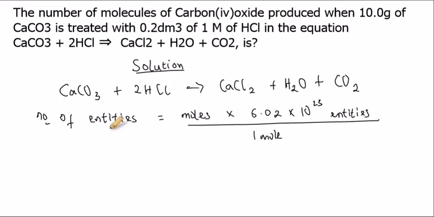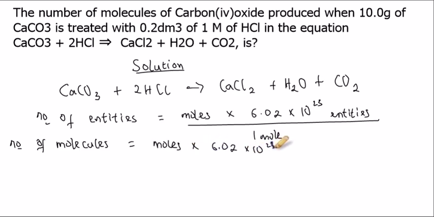Regardless of the entities, we multiply the number of moles of the substance in question by Avogadro's constant. Here we are dealing with molecules, so we replace entities with molecules.